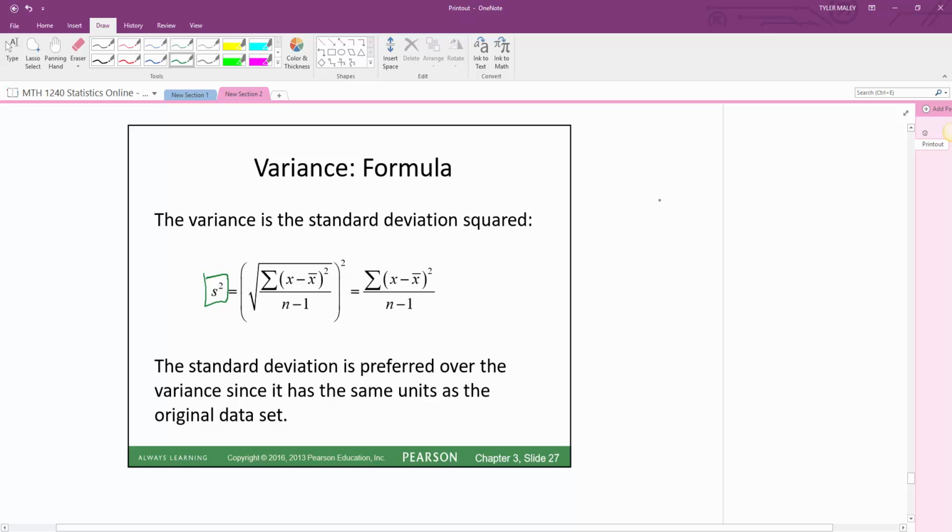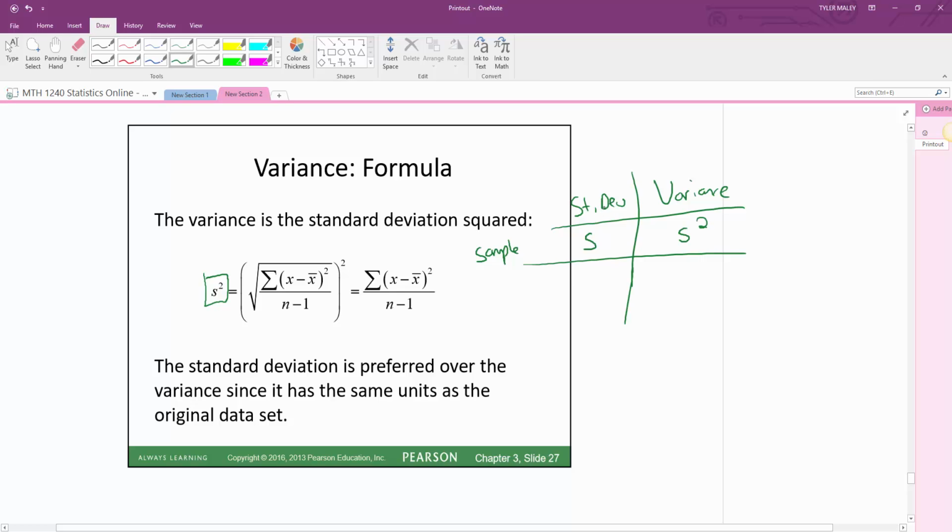So for variance, and then also for standard deviation: for a sample, I denote standard deviation as s. So then the variance of a sample is s squared.